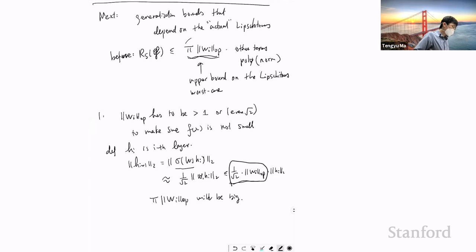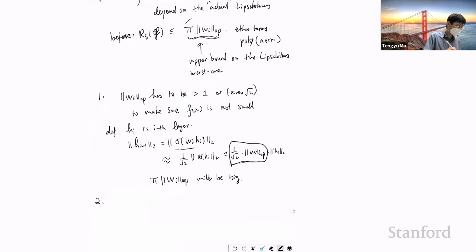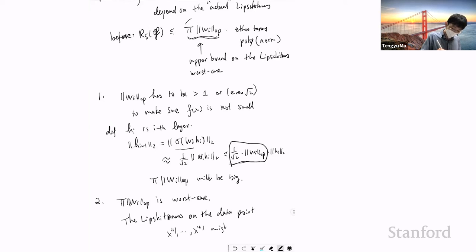Another thing, motivation 2, which I mentioned before: this is only a worst case upper bound on the Lipschitzness. In practice, the Lipschitzness on the data points x_1 up to x_n might be better.